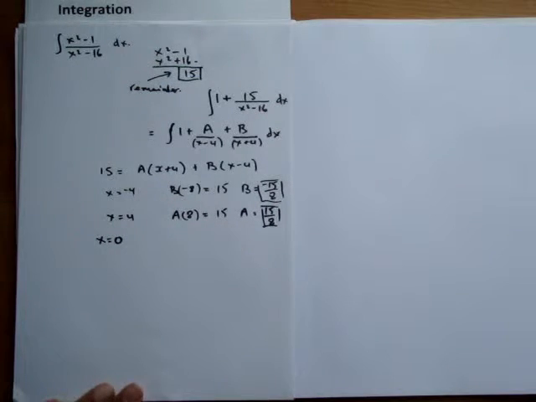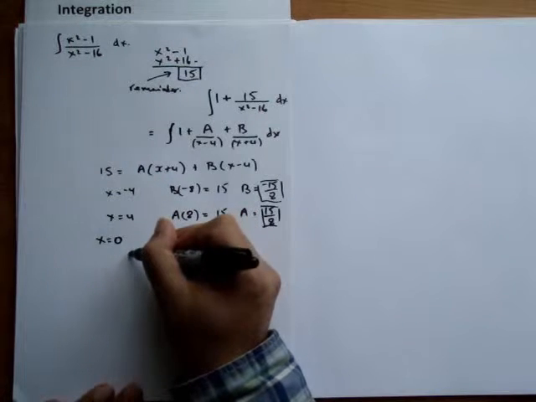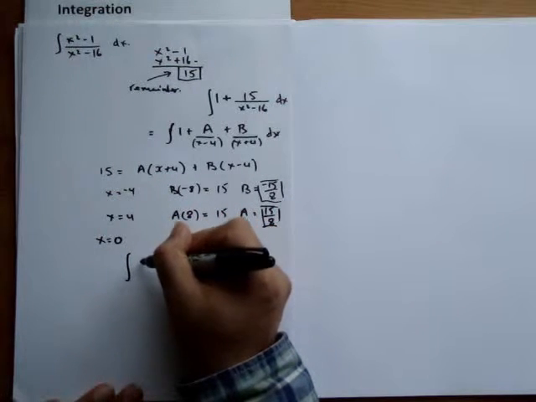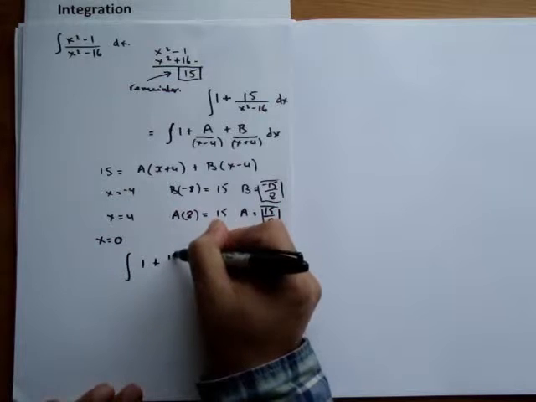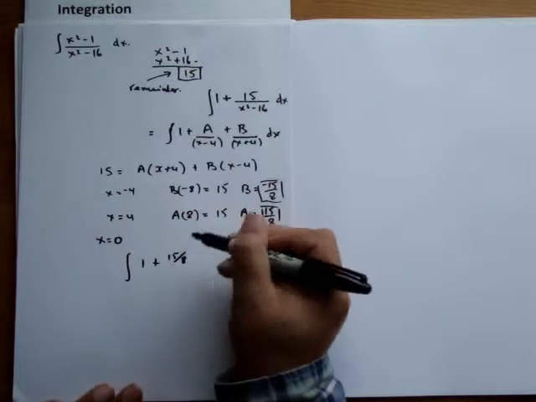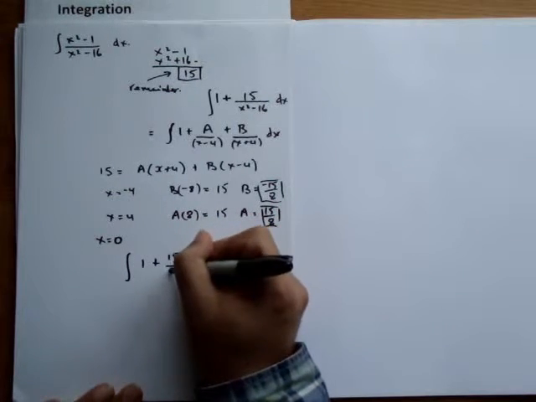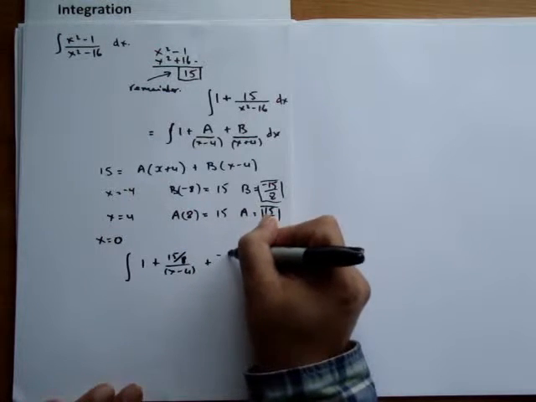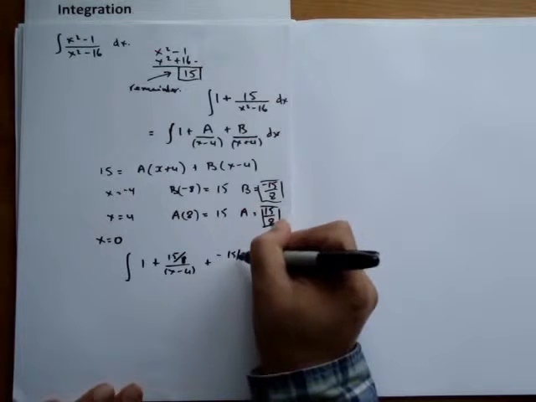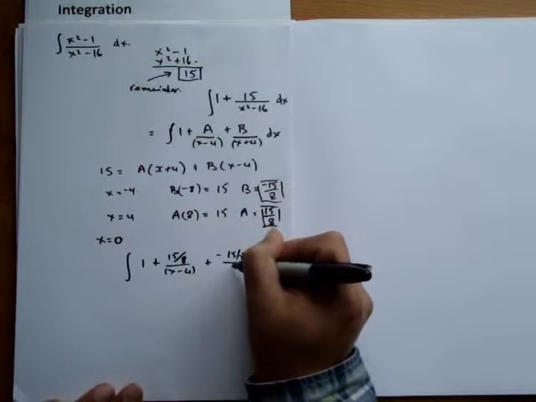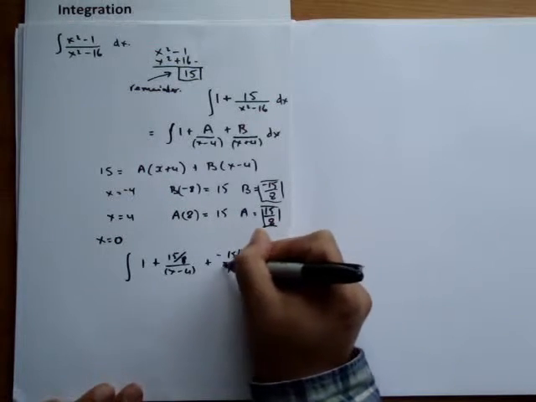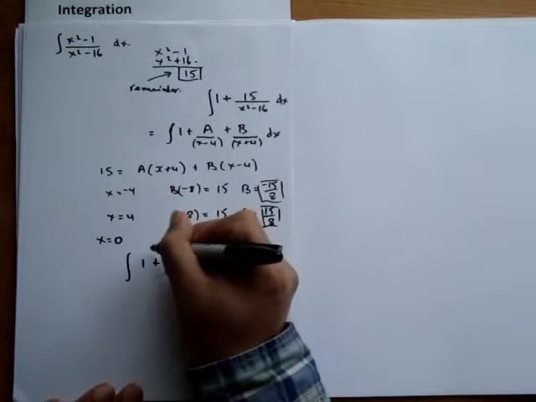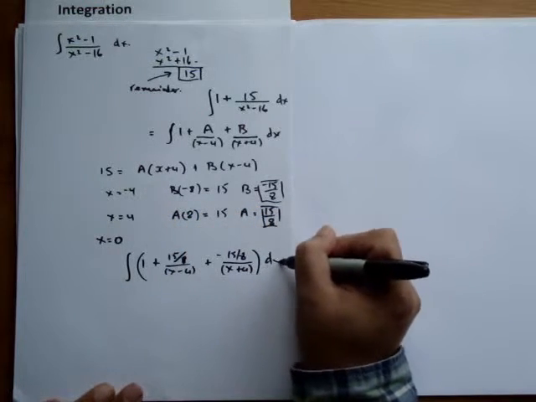Anyway, let's get on with this. So this then becomes the integral of 1 plus 15 over 8 times 1 over x minus 4 plus minus 15 over 8 times 1 over x plus 4, dx.